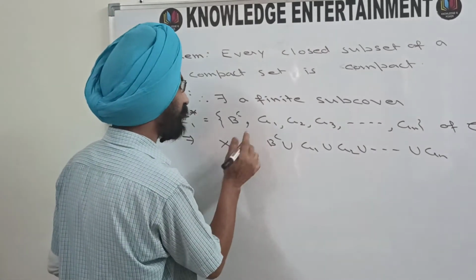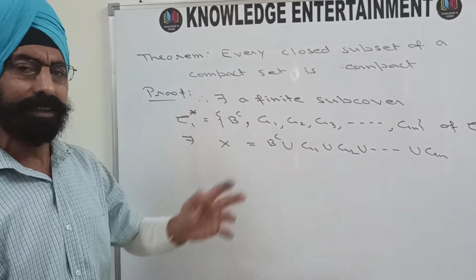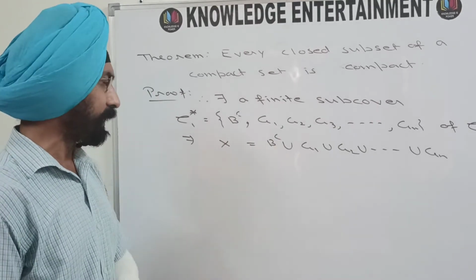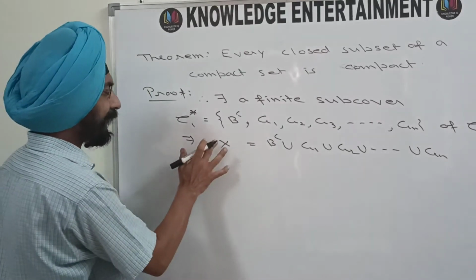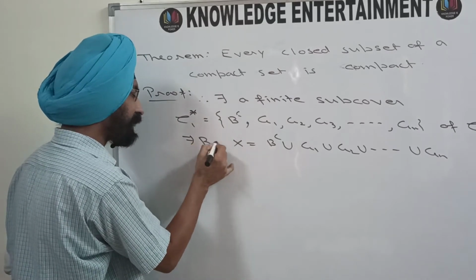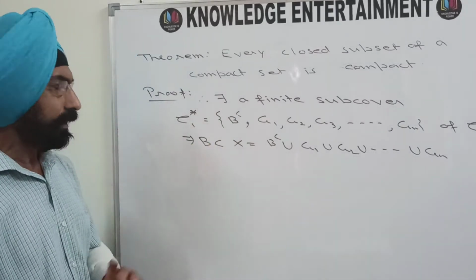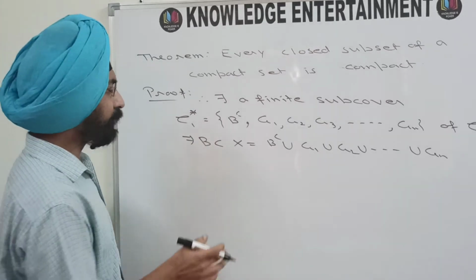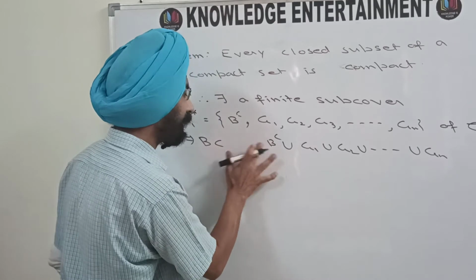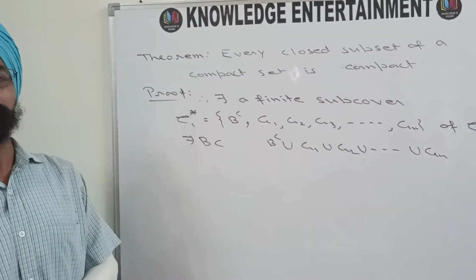So you can say X is equal to this, because X is the whole space, we need not put the sign of subset. Now B is a subset of X, that means B is automatically covered by this union.